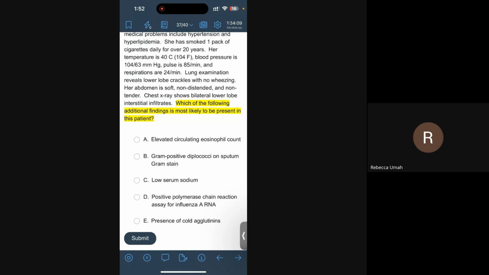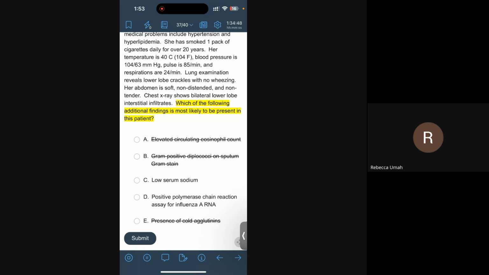Gram positive diplococci, option B, is the feature of Strep pneumoniae. Option A is the feature of Aspergillus, bronchopulmonary aspergillosis. Option E, presence of cold agglutinins, is Mycoplasma pneumoniae.